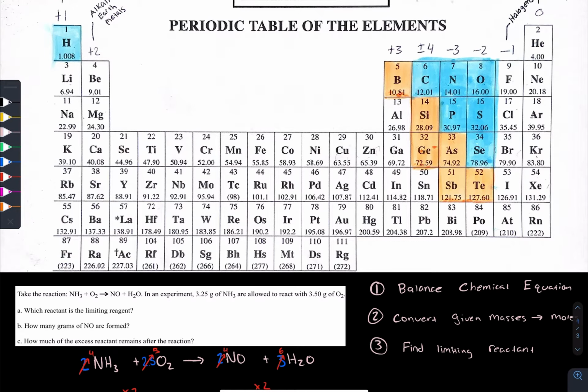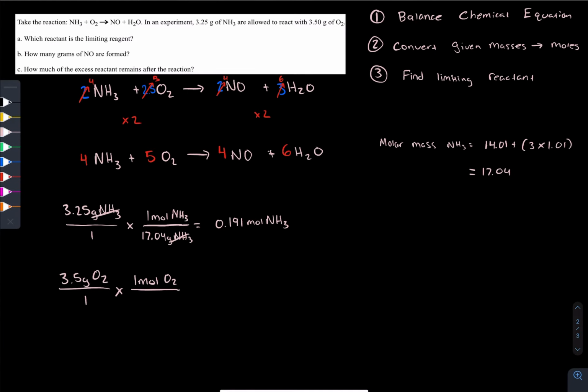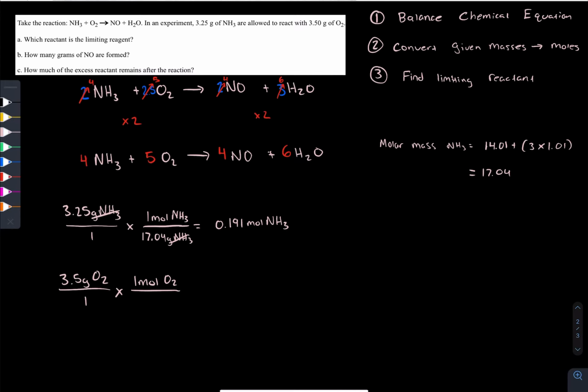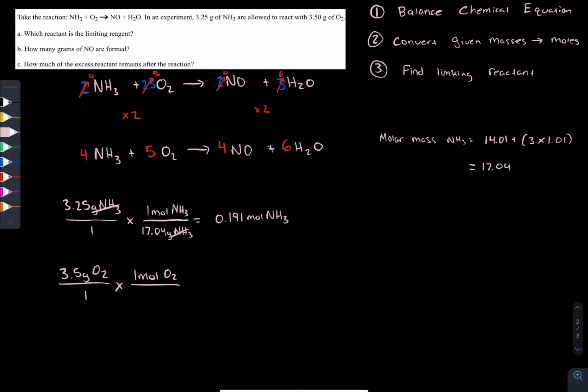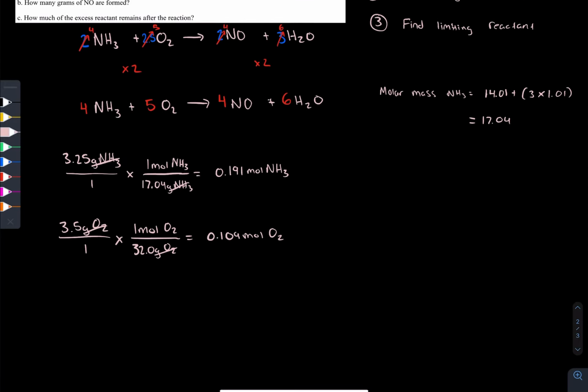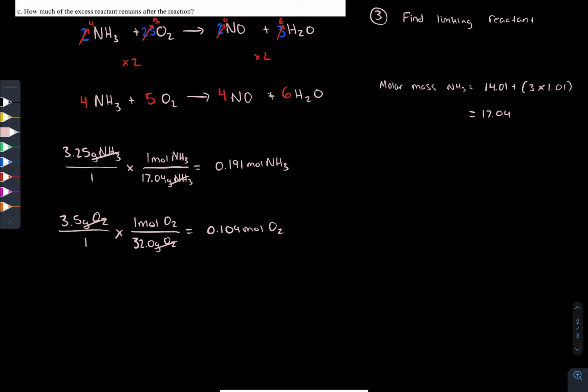Although that's true, we're talking about molecular oxygen and not just atomic oxygen. So we're going to have 2 oxygens here, so we have to multiply 16 by 2, which gives us 32. So we're going to have 32 grams of oxygen. Our units cancel out again, and we are left with 3.5 over 32, and that's going to give us 0.109 moles of oxygen.